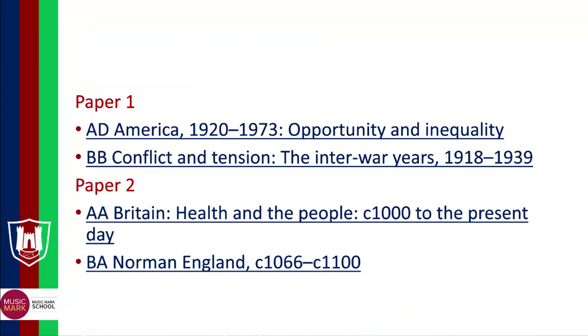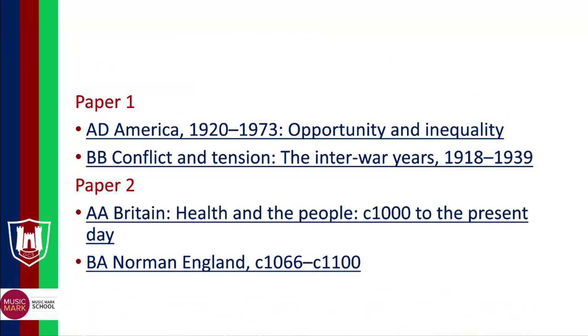In terms of what you're looking for, a gentle reminder that you have particular topics to be revising. On paper 1, you're picking topic D, America 1920 to 1973, opportunity and inequality. And then in section B, you're selecting option B, conflict and tension, the interwar years 1918 to 1939.